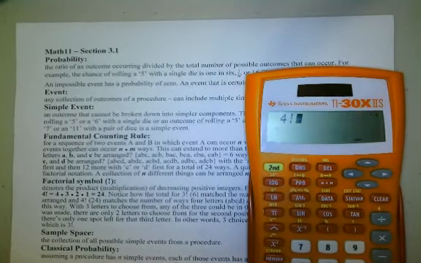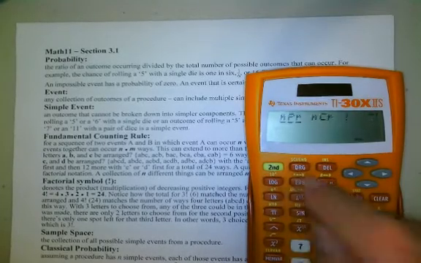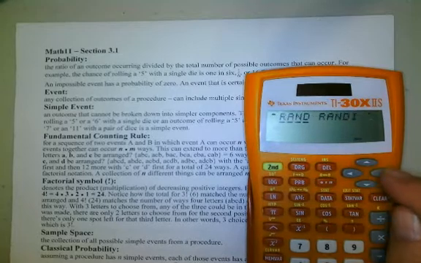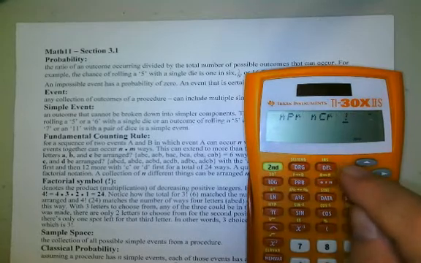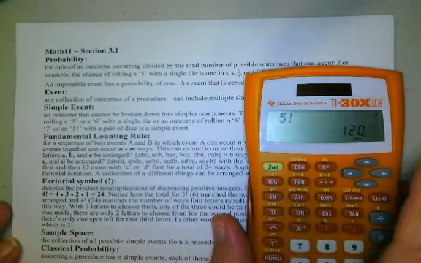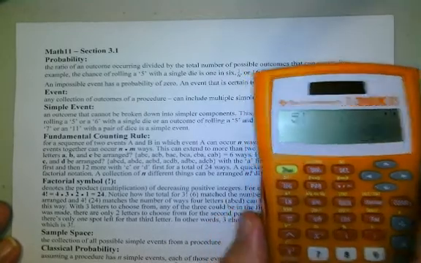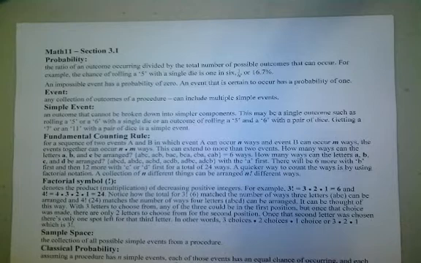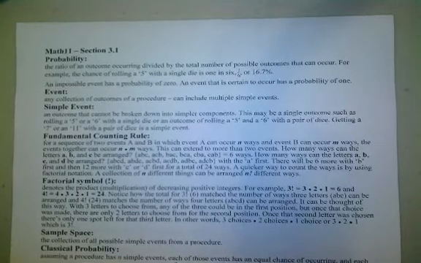Now I have 4 factorial, hit enter, and there's my 24. 5 factorial, 5, PRB, slide across, and equals 120 ways to arrange 5 different objects. So that's how your calculator can do the factorial function for you, instead of you having to actually multiply 5 times 4 times 3 times 2 times 1.